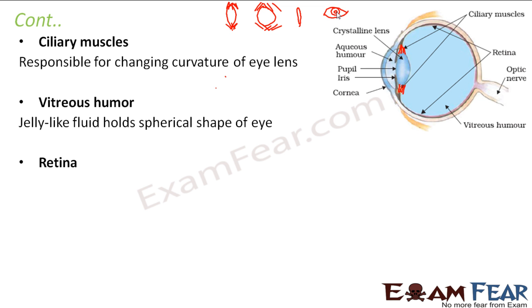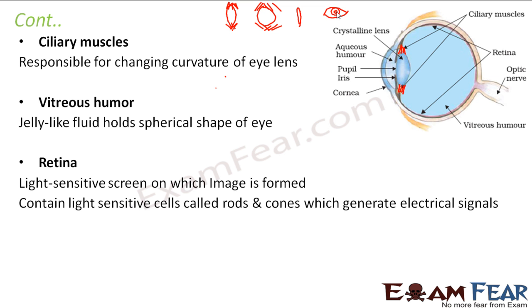Next is the retina. It is an important part of the eye. It is a light sensitive screen on which the image is formed. The retina contains light sensitive cells called rods and cones. So these are the components which constitute the retina.